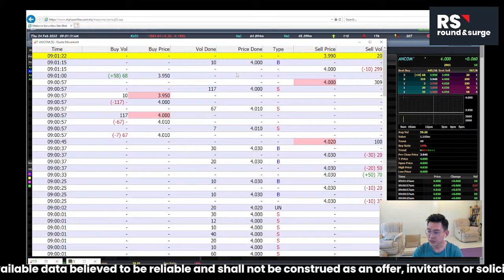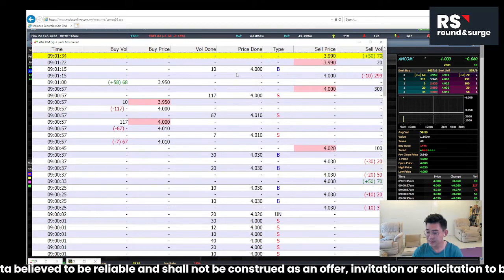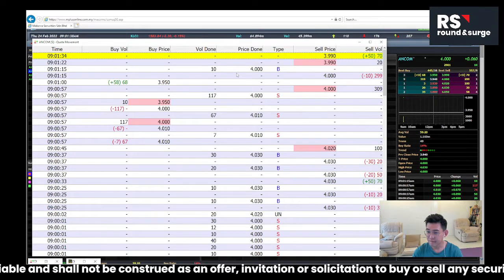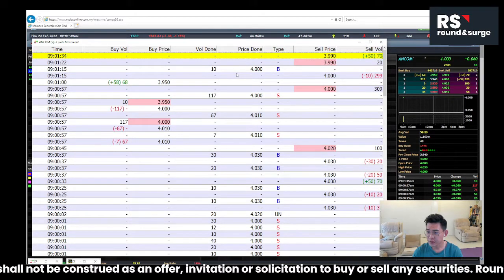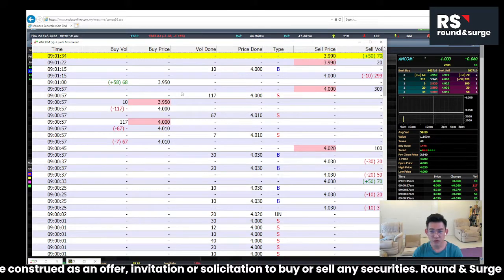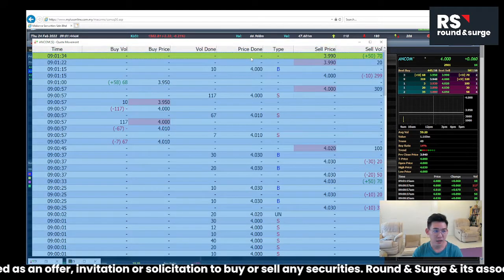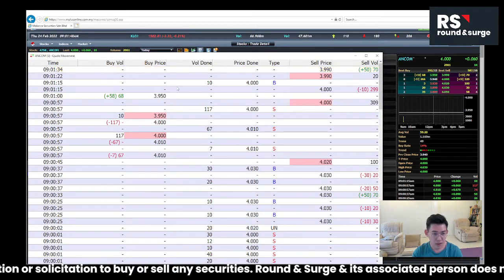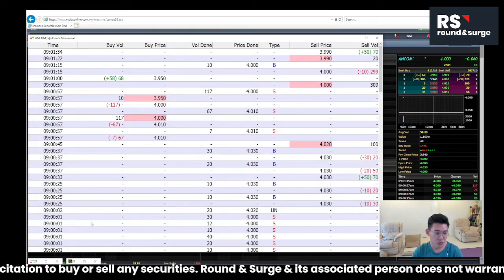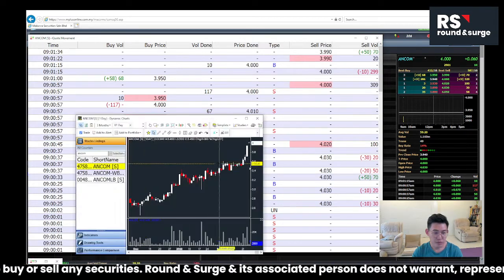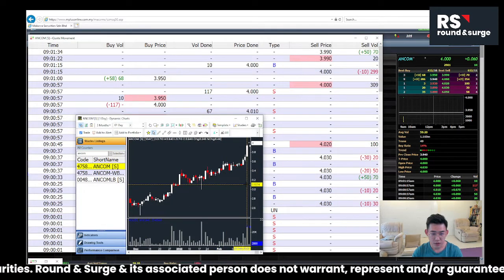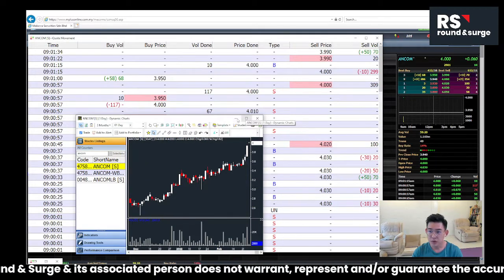So basically this stock is not very liquid, and it's a bit dangerous if we look into this. Try to look for stocks that are liquid. But if we check back the buy sell queue, there's 20k here, so yeah, okay.